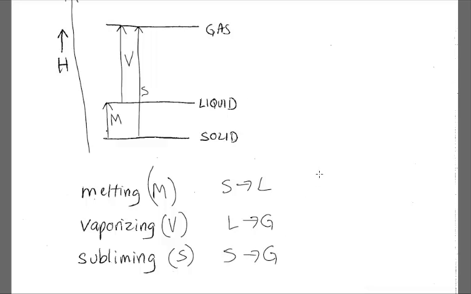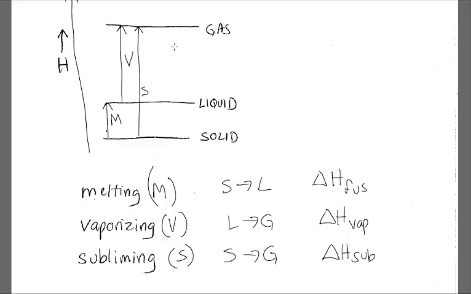We have special delta H values we assign to those. We call the first one delta H of fusion, delta H sub FUS. When you vaporize something, that's delta H vap. And when you sublime, it's delta H of sublimation.